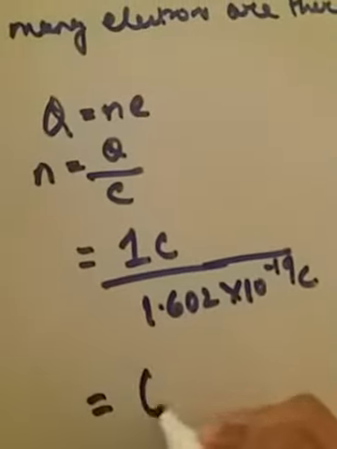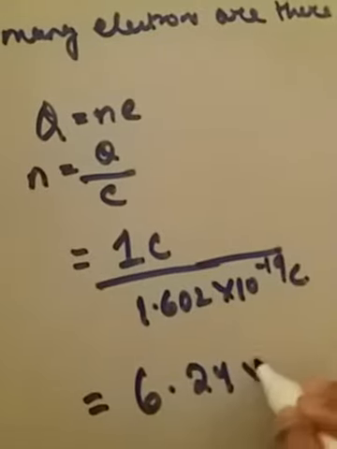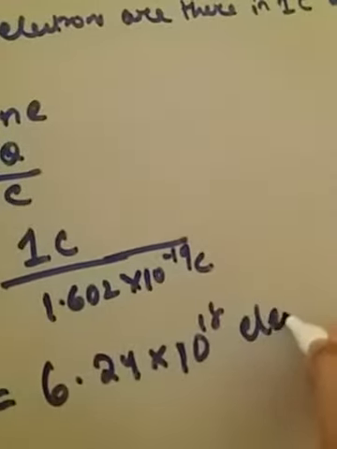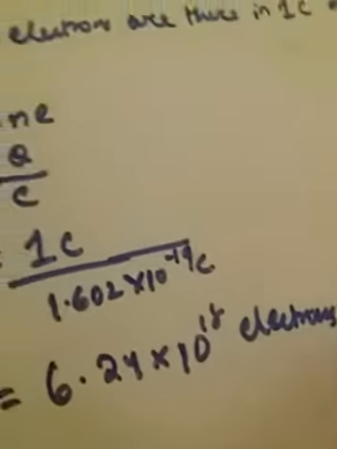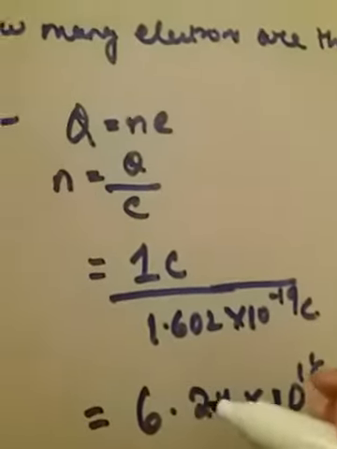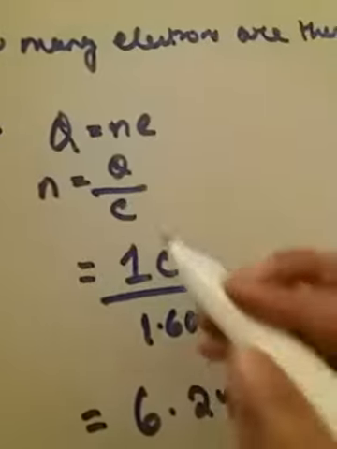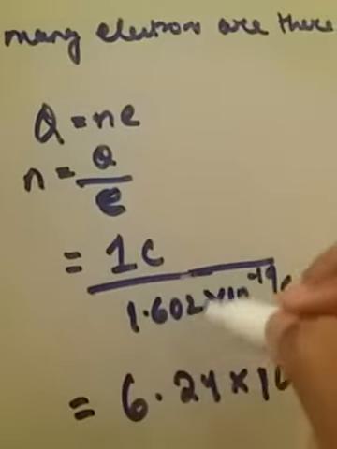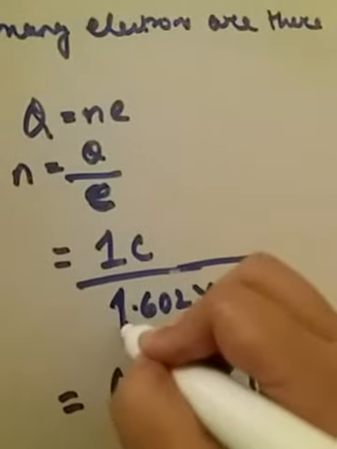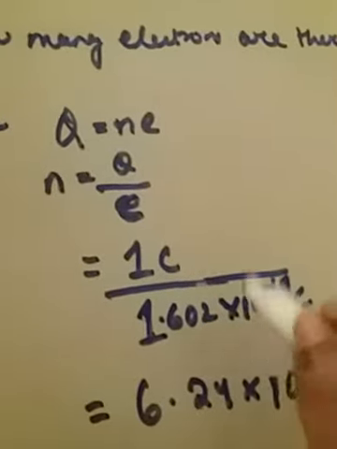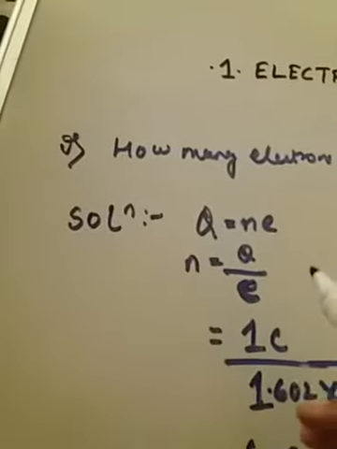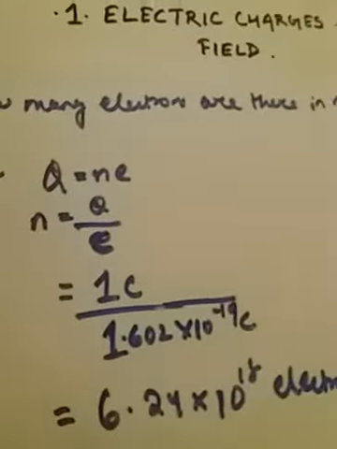So here you will get approximately 6.24 into 10 to the power 18 electrons. If you calculate it, you will get this. If you don't get it, I will make you understand how basic division goes. Well, I hope you will get this answer. It's just a basic, easiest question. Now let's shift to the next question.